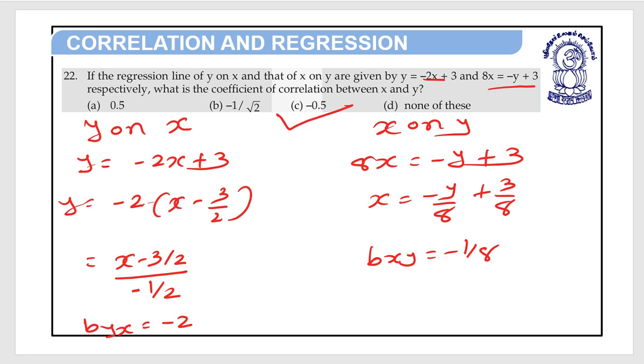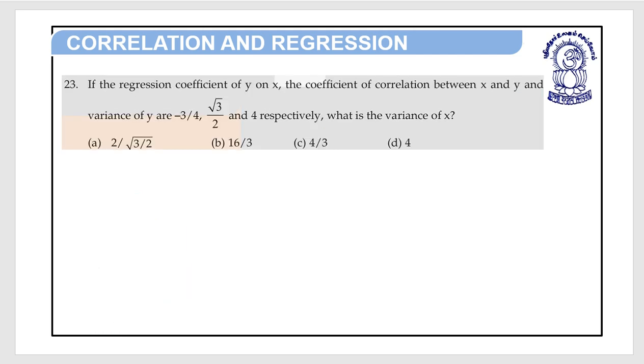Now let us move to question number 23. If the regression coefficient of y on x, the coefficient of correlation between x and y, and variance of y are minus 3 by 4, root 3 by 2 and 4 respectively, what is the variance of x?